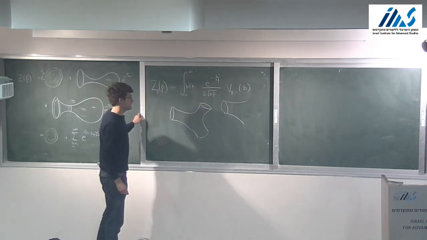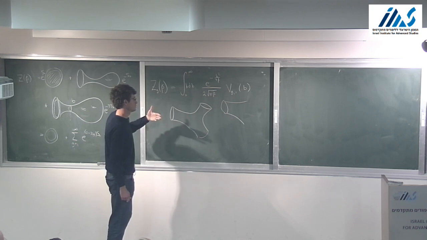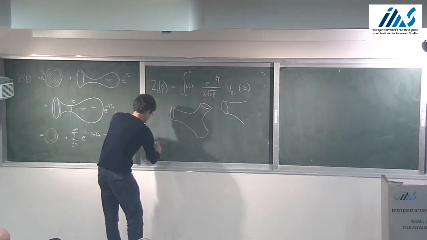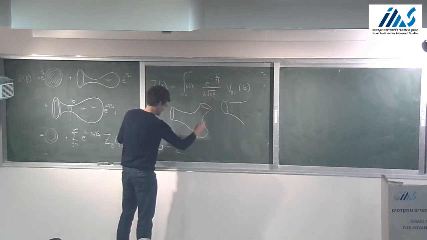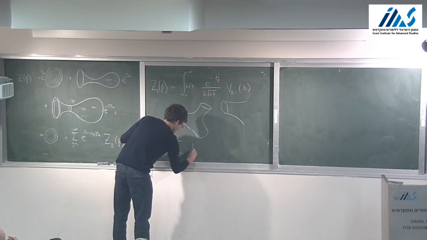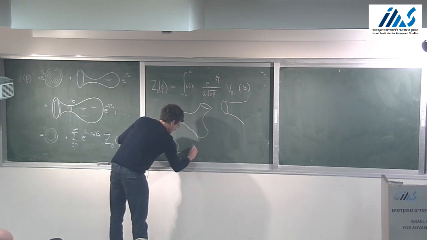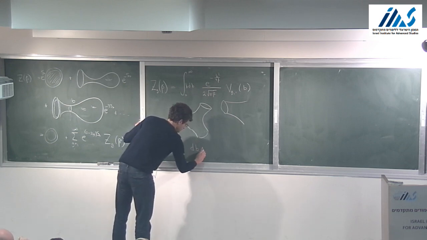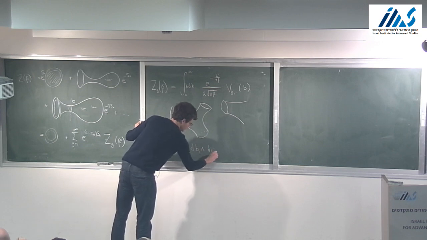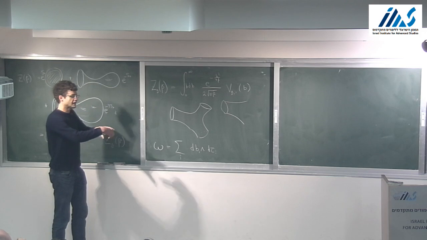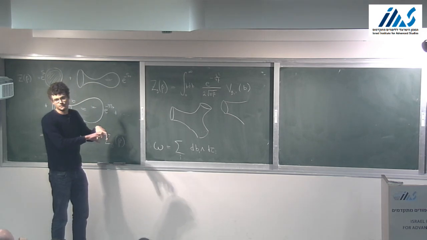And the Weil-Petersson form, which is a symplectic form on this space, is a sum over all of the things that we glue together, so that's an index i, of dbi wedge d tau i, where tau i is the length of the twist measured in units of the hyperbolic radius.